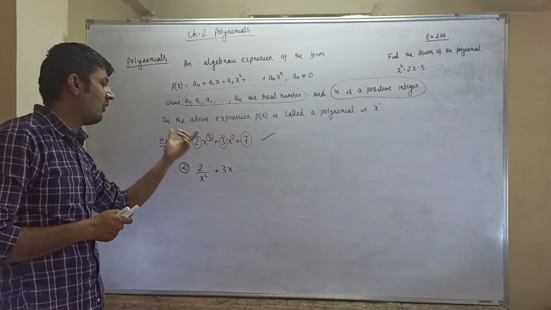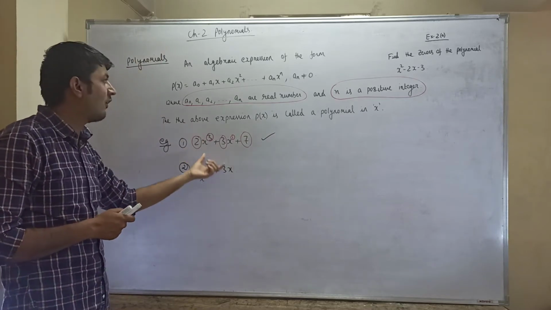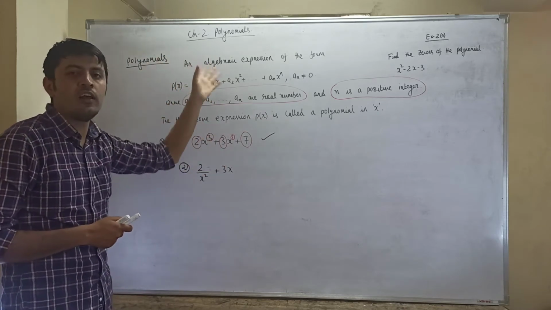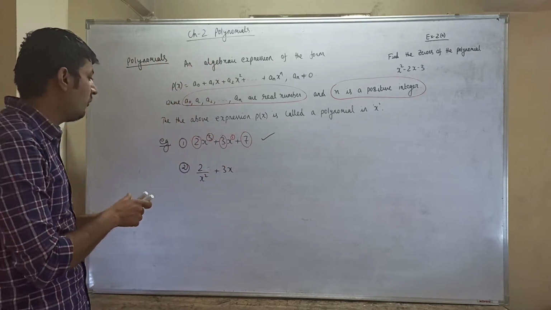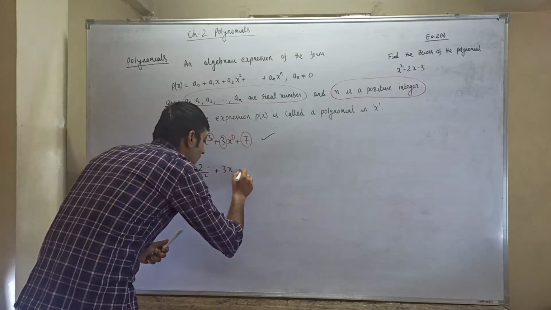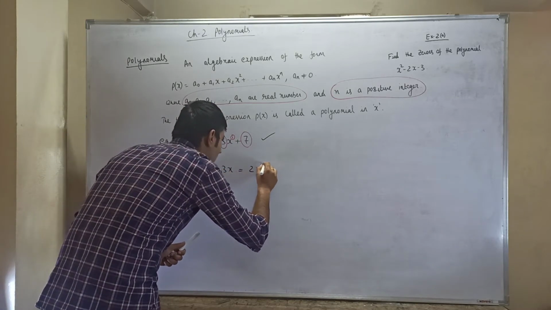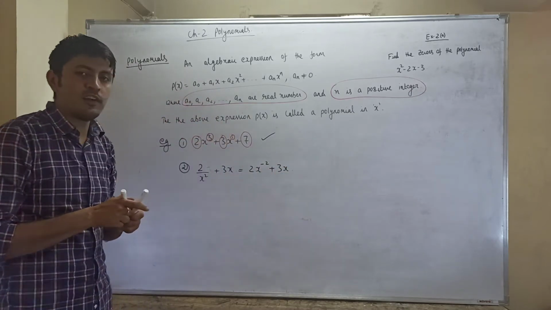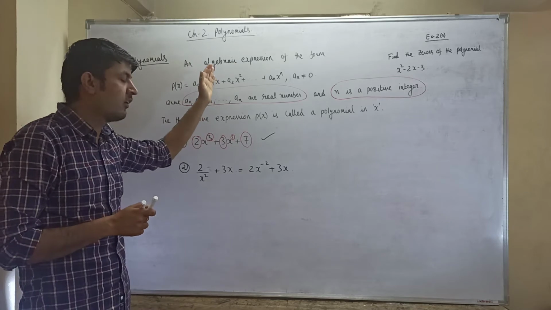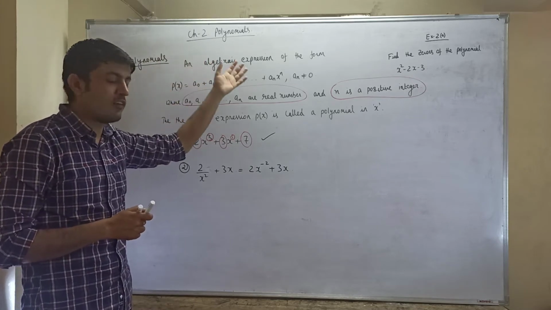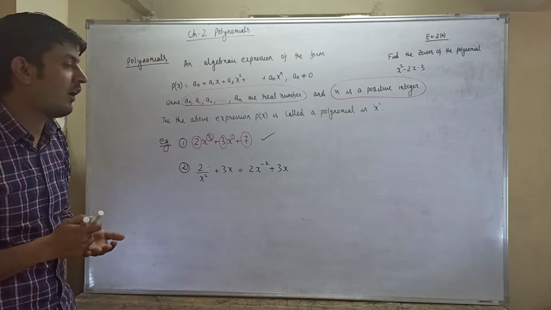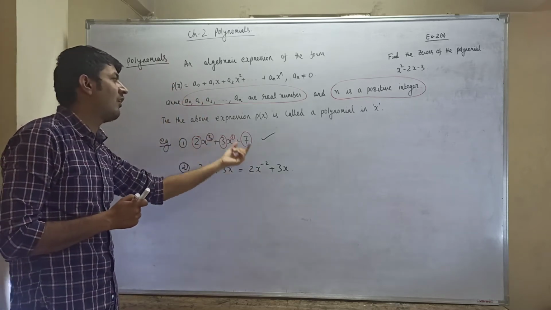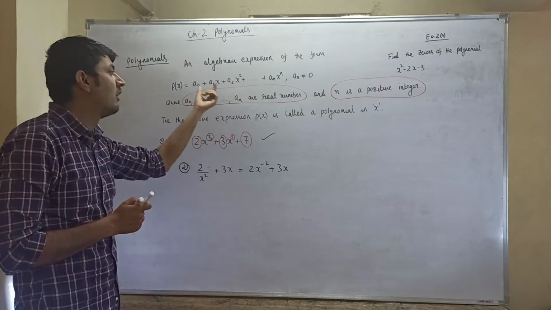First you try to write it down in this format, which means I have to get x in the numerator. So this can be written as 2x to the power minus 2 plus 3x. Now you have written it in the general form, and you have to check whether it satisfies the conditions.